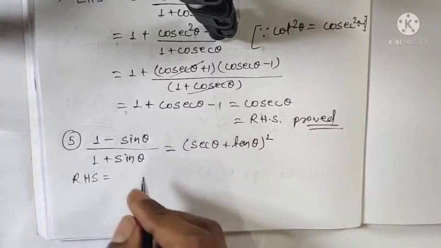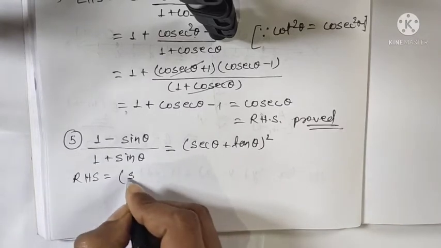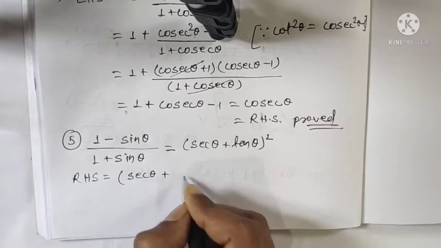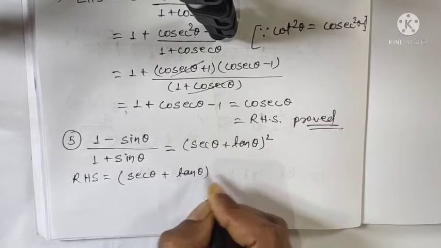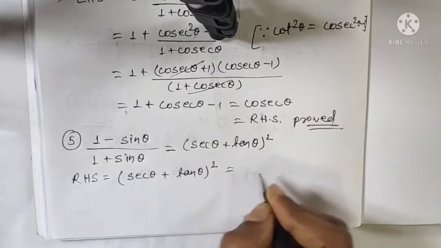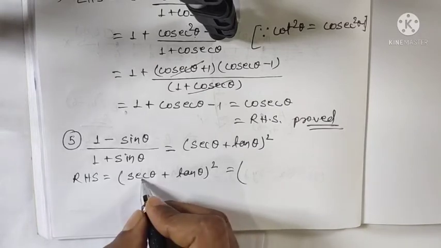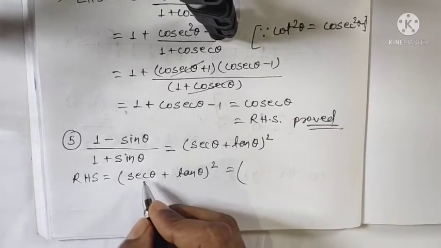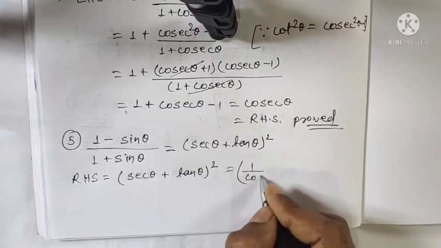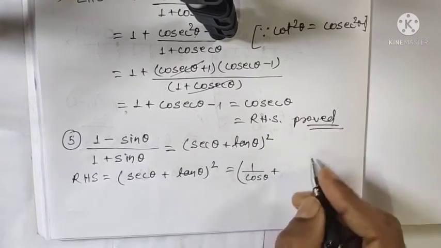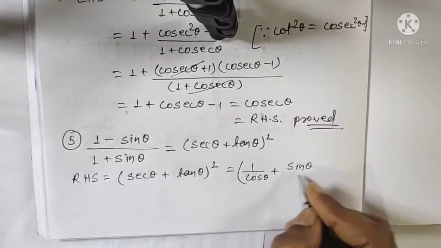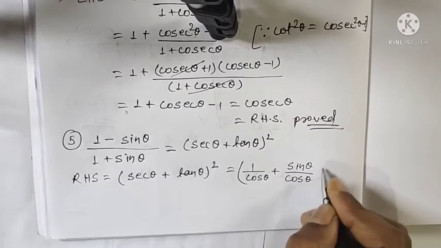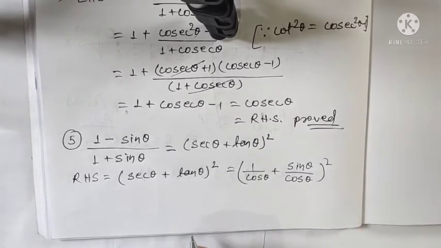Okay. So RHS is equal to sec theta plus tan theta whole square will be equal to, now convert these in the form of sin theta and cos theta, and sec theta is equal to 1 by cos theta, so it will be 1 by cos theta, and tan theta is equal to sin theta by cos theta, so it will be sin theta by cos theta whole square.